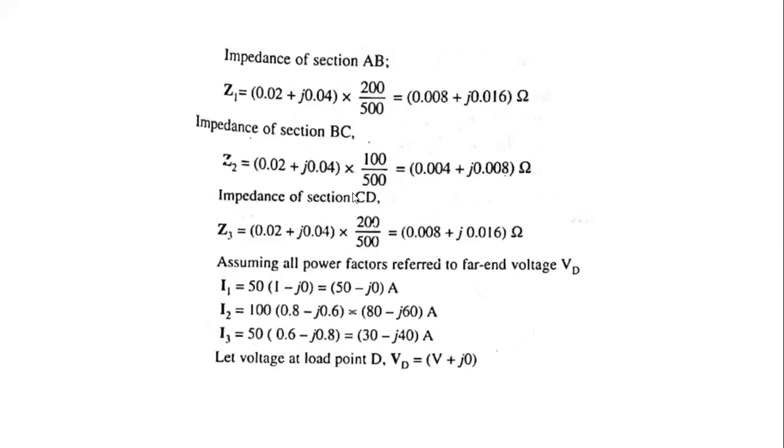Next, the impedance of section CD: ZCD is equal to 0.02 plus j0.04 into 200 by 500, that is equal to 0.008 plus j0.016 ohm.